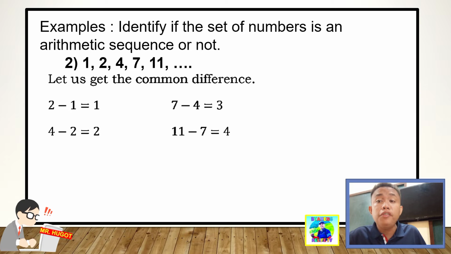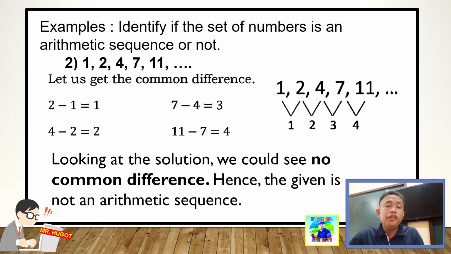So, based po sa common difference nila, 2 minus 1 is 1, 4 minus 2 is 2, 7 minus 4 is 3, 11 minus 7 is 4. Definitely, guys, that's not a common difference because 1, 2, 3, 4, magkaiba siya. Hence, this is not an arithmetic sequence. Therefore, mali po yan. Hindi po siya arithmetic sequence.